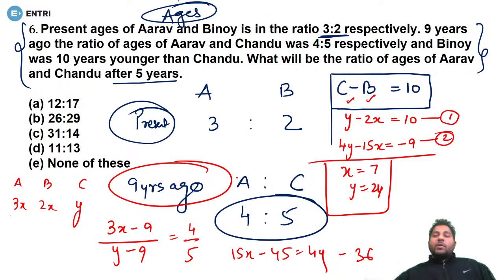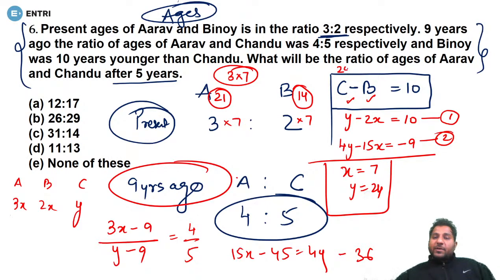Now what will be the ratio of ages of Arav and Chandu? If we put 3x here, that means 3 sevens are 21. So Arav's present age has become 21, while they are asking about Chandu's present age. If we multiply 2 into 7, Binoy's present age will become 14.